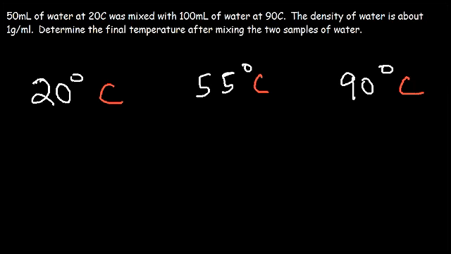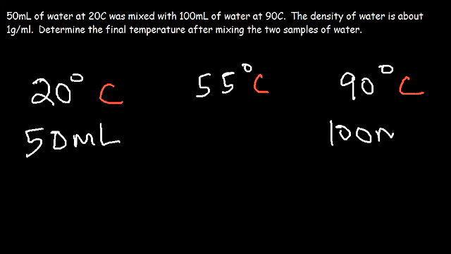Since the 90-degree sample is losing heat energy, its temperature is going to decrease. And since the 20-degree sample is gaining heat energy, it's going to increase. The question is, where is the final temperature? Now we have 50 milliliters of the 20-degree sample and 100 milliliters of the 90-degree sample.